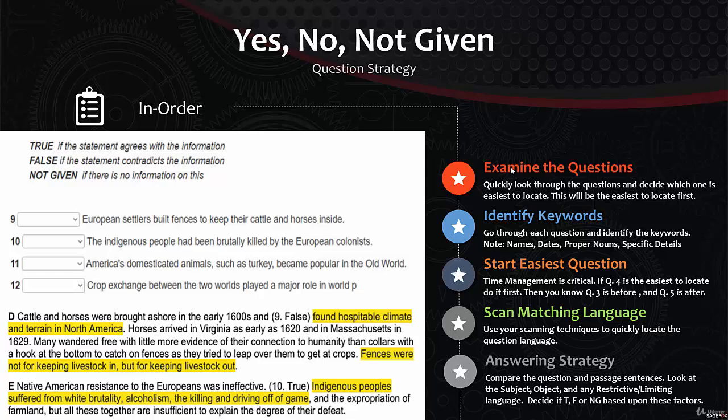But we're looking at paragraph E, and it says indigenous peoples suffered from white brutality, alcoholism, the killing and driving off of game. Okay? And it says the indigenous people have been brutally killed by the European colonists. And here, in our situation, the answer is going to be true. All right. Now, let's move on.